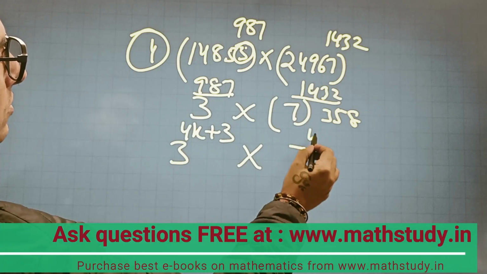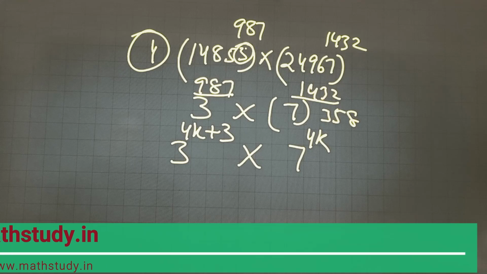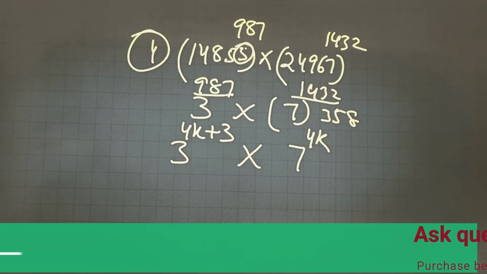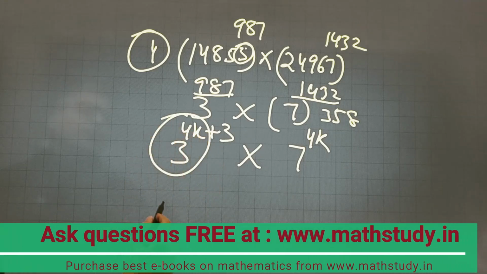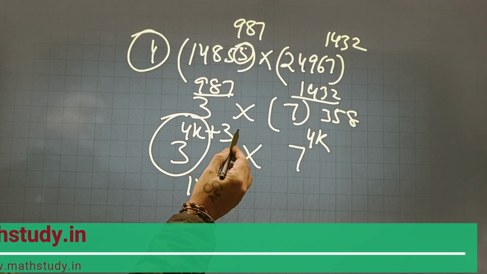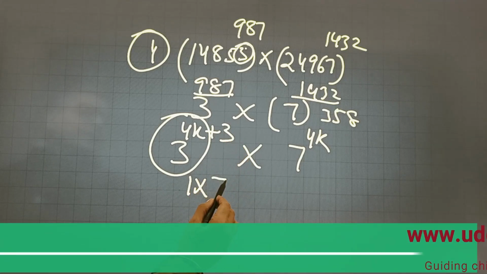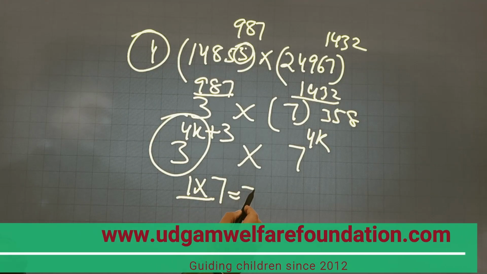So we can write it as 7 raised to the power 4k. Now 3 raised to the power 4k will give you 1 at the unit place, into 3 raised to the power 3: 3 3s are 9, 9 3s are 27. It gives you 7 at the unit place. So this number is going to give you 7.